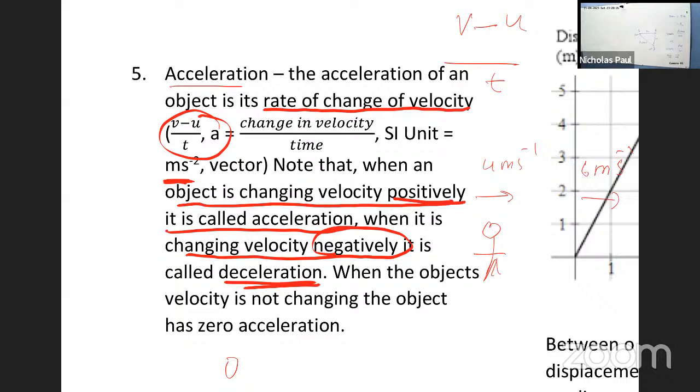Accelerating or decelerating? Accelerating, right? Because it increases. His velocity changes positively. But if it goes from 14 meters per second to 6 meters per second, slowing down, it changes negatively, and that is called deceleration.